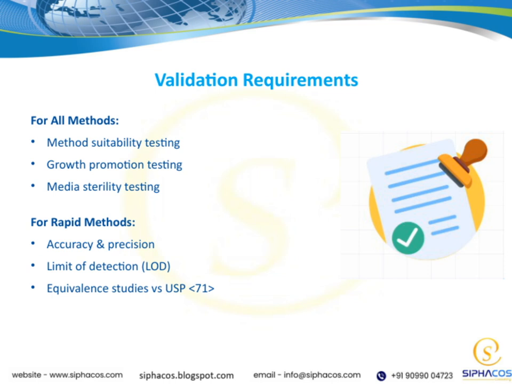These studies help us demonstrate that the new rapid method is equivalent in performance to the established standard, ensuring confidence in its results. All these validation steps are interconnected and vital for ensuring our microbial testing methods are robust, reliable, and compliant with regulatory standards, ultimately supporting the safety and quality of our products.